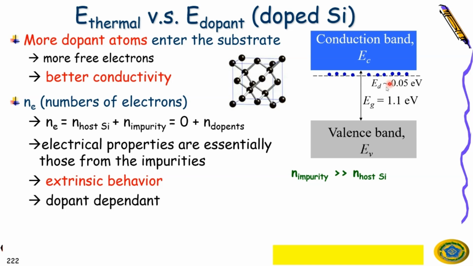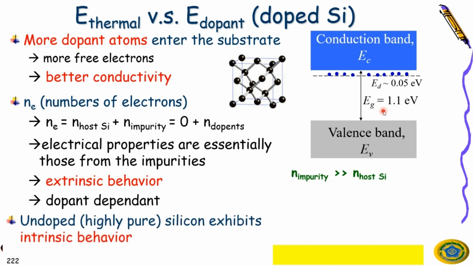So it depends on the dopant: how many dopants, and what type of dopants go into this silicon. Undoped silicon exhibits intrinsic behavior. If you have pure silicon, all the properties are called intrinsic behavior.